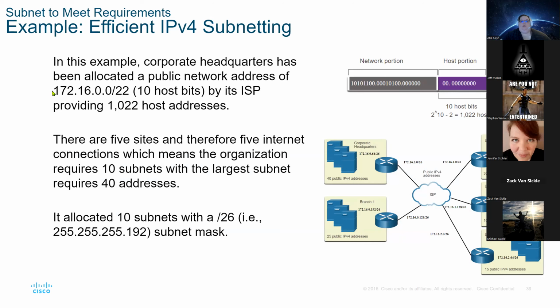So in this one, they have corporate headquarters, 5 sites, and 5 internet connections. And then they have 10 subnets, and they just want you to run through and see what they've done on this.